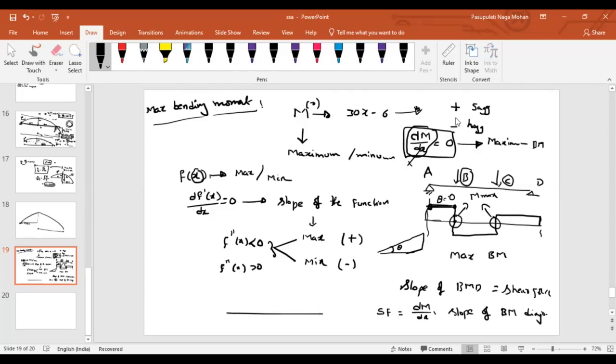Let us say this is the bending moment diagram. What is the slope at every point? Whatever point you take, what is the slope of all those points? The slope is the same, a positive slope.